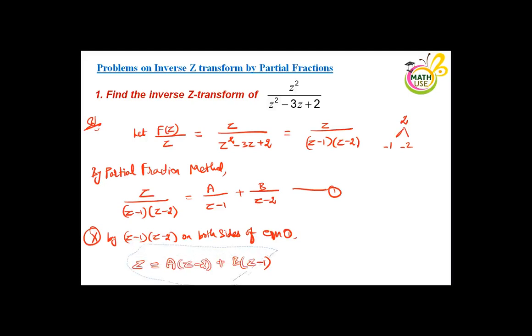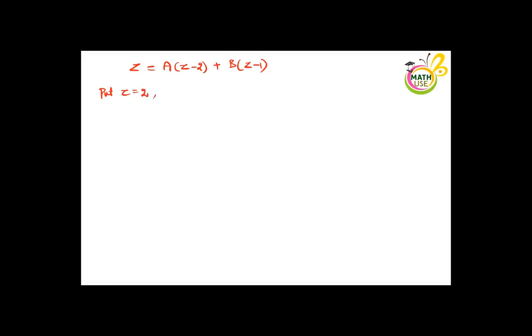So consider this term for finding the a and b values. By putting z equal to 2, we get the b value. So 2 is equal to a into 2 minus 2, which is 0, plus b into 2 minus 1, which is 1.